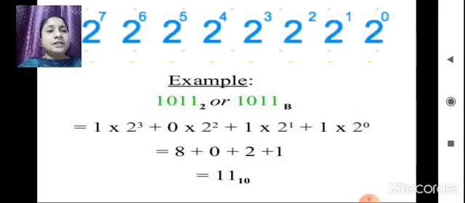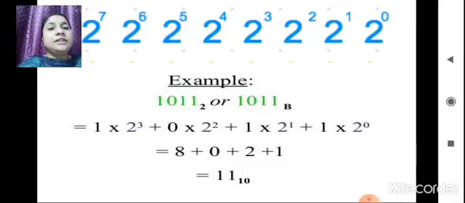We will write 1 into 2 raised to power 3 plus 0 into 2 raised to power 2 plus 1 into 2 raised to power 1 plus 1 into 2 raised to power 0. But we always have to write from right to left. So 1 into 2 raised to power 0, plus 1 into 2 raised to power 1, plus 0 into 2 raised to power 2, plus 1 into 2 raised to power 3. Like this we have to write from right-hand side to left-hand side.